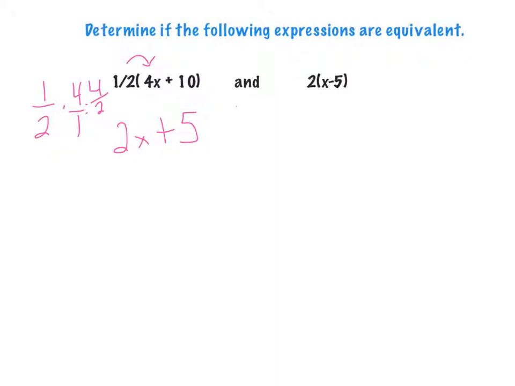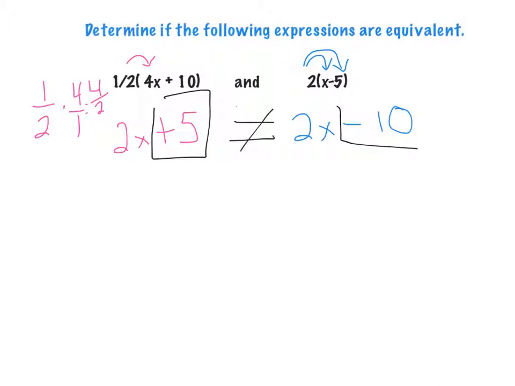So if you think of a half as actually dividing by 2 when you're multiplying by half, then I need to do distributive property on the other problem. 2 times x would give me 2x. 2 times 5, and it's going to be a minus, is going to be minus 10. We can say that these are not equivalent because this one is adding 5 and this one is subtracting 10.